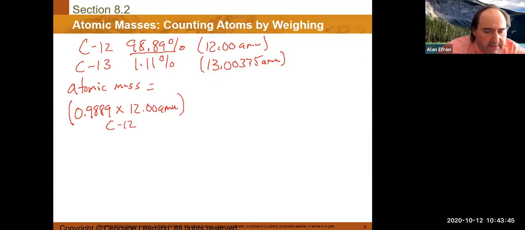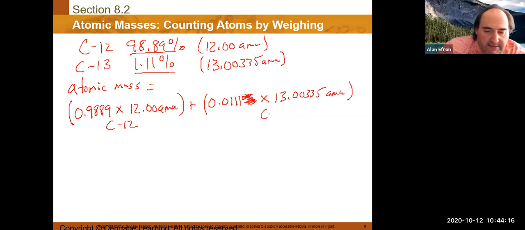So again, this is the percentage and atomic mass of the carbon-12 isotope, plus the percentage of the second isotope, which is our carbon-13 isotope, and this is 1.11%, converted to a decimal, 0.0111, times 13.00335 AMU. And again, this is the percentage of the second isotope, carbon-13, and the atomic mass of it.